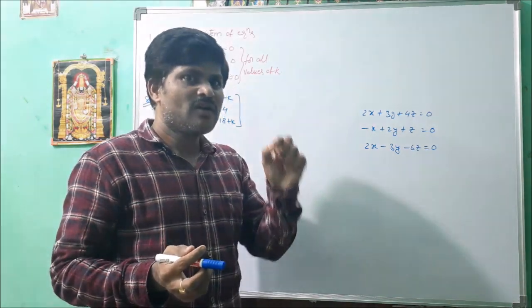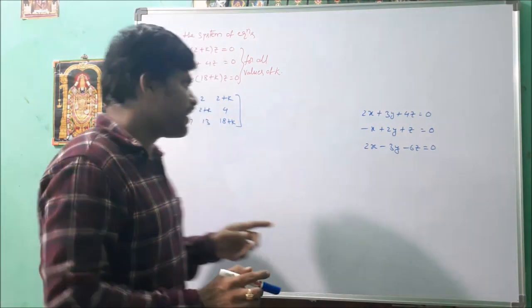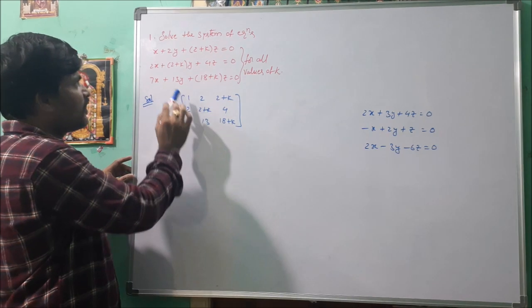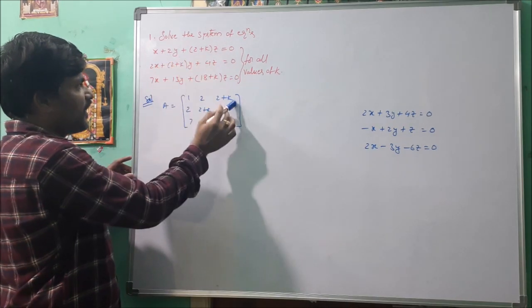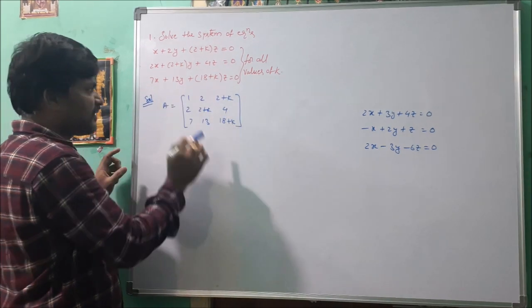So first of all we find the determinant of the coefficient matrix. The coefficient matrix of the given system has rows 1, 2, 2 plus k; 2, 2 plus k, 4; 7, 13, 18 plus k.